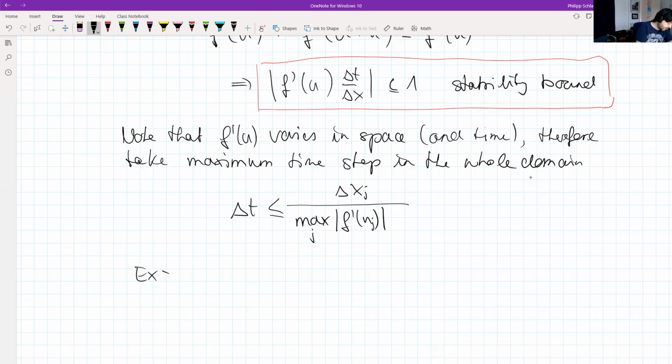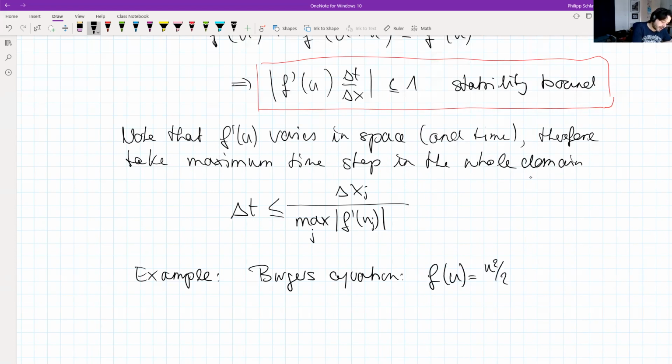So an example then, just to make it more clear to you how this is really done. If we take the Burger's equation as a prototype of a nonlinear equation, there we have f of u is u squared divided by 2, and f prime of u is u.